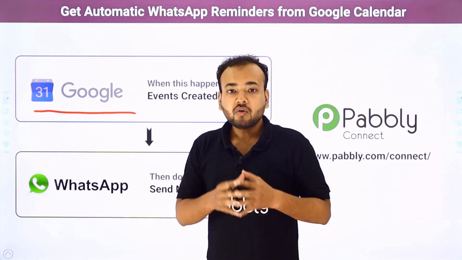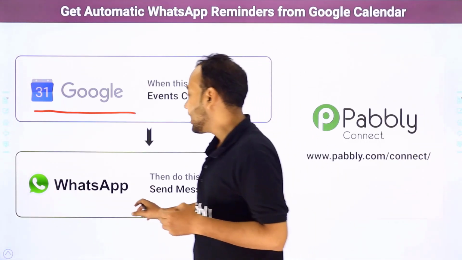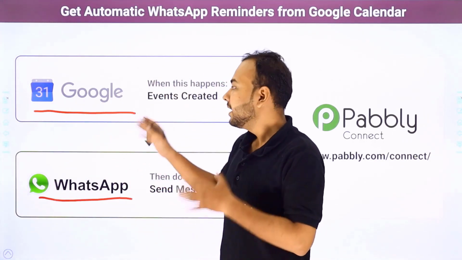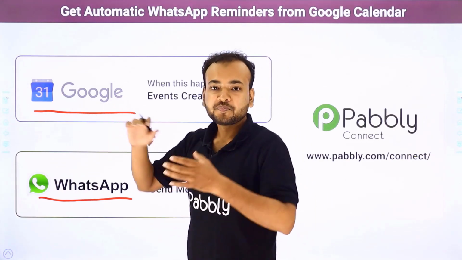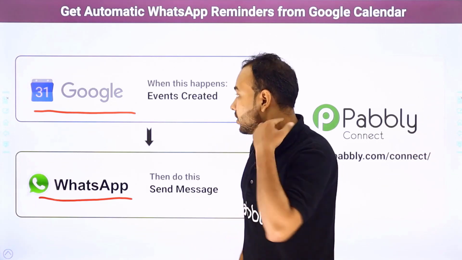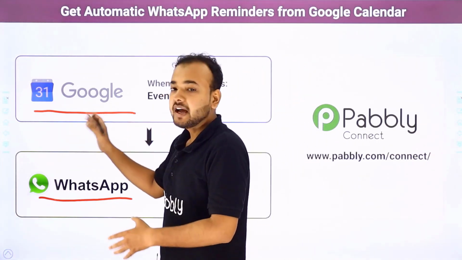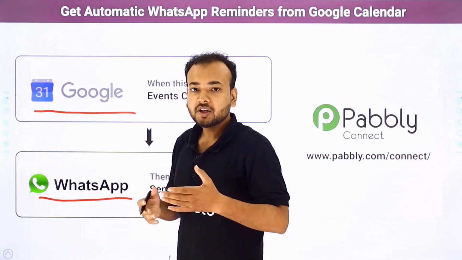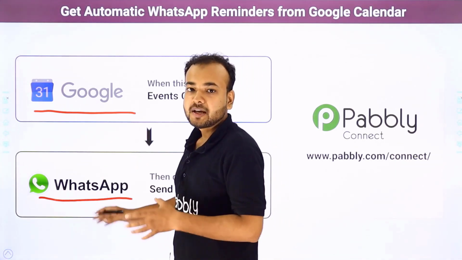So now you want to receive a reminder message here on WhatsApp about the events that you are going to attend and important meetings that you are going to attend which are marked in Google Calendar, right? Now to get this done, you have two ways. One is to manually go and check in Google Calendar which event you have on which date, and if any attendee is there along with you, you will deliver him a reminder message here on WhatsApp.